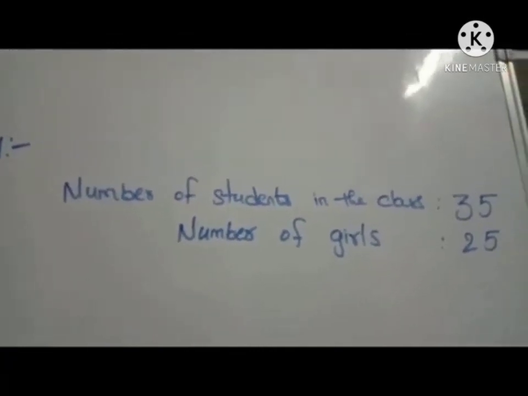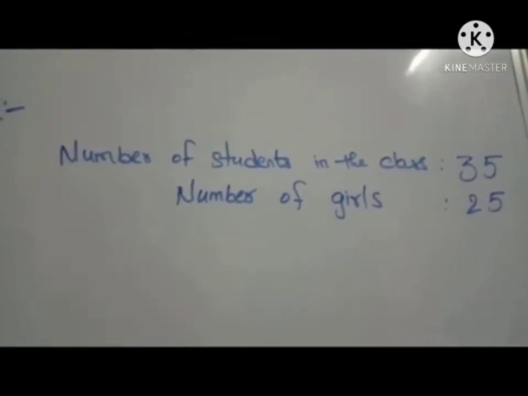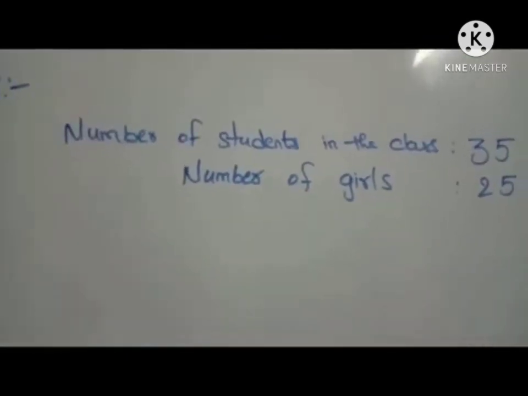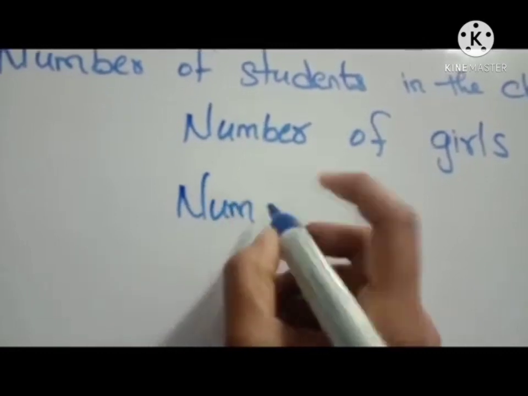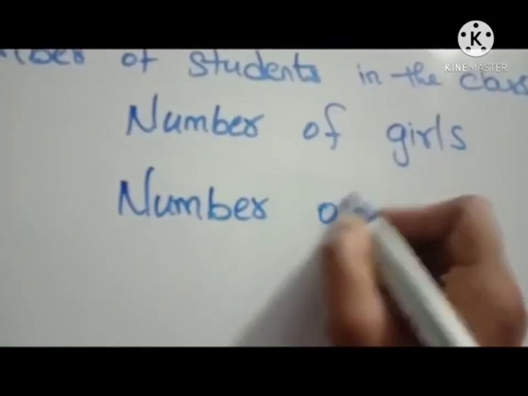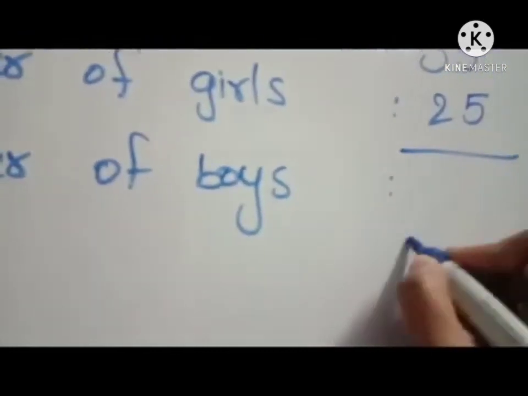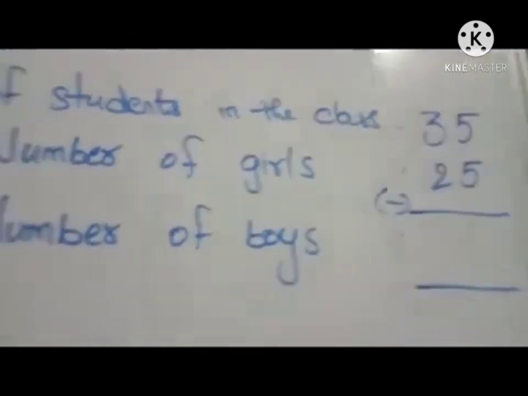Find the ratio of the girls to the boys. At first we have to find the number of girls, that is 25. And again we have to find the number of boys. Number of boys means here we have to do the subtraction.